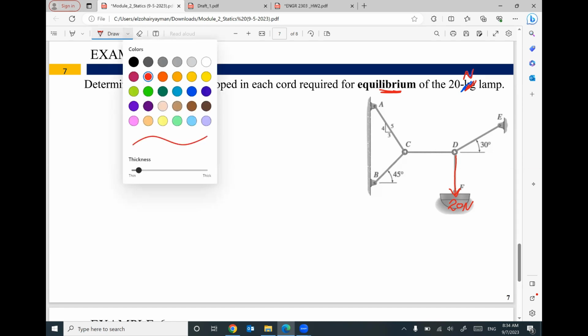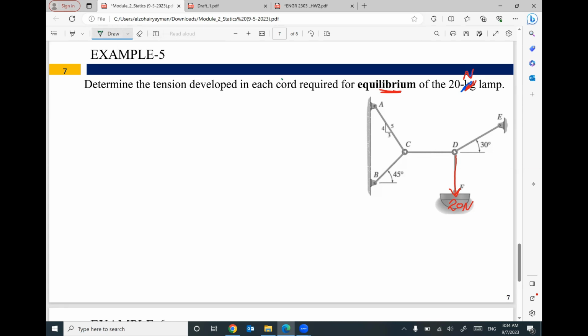So the first step, we have 2 points, point D and point C. Points C and D are in equilibrium because the whole system is in equilibrium.